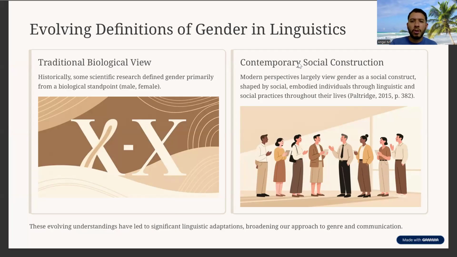Contemporary social construction: modern perspectives largely view gender as a social construct shaped by social interactions and by embodied individuals through linguistic and social practice throughout their lives. These evolving understandings have led to significant linguistic adaptations, broadening our approach to gender and communication.